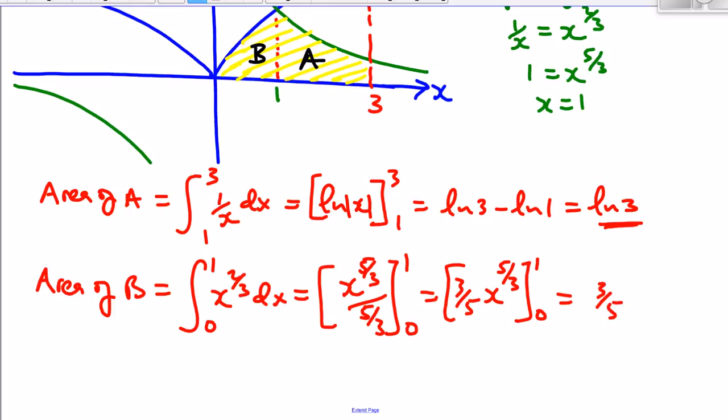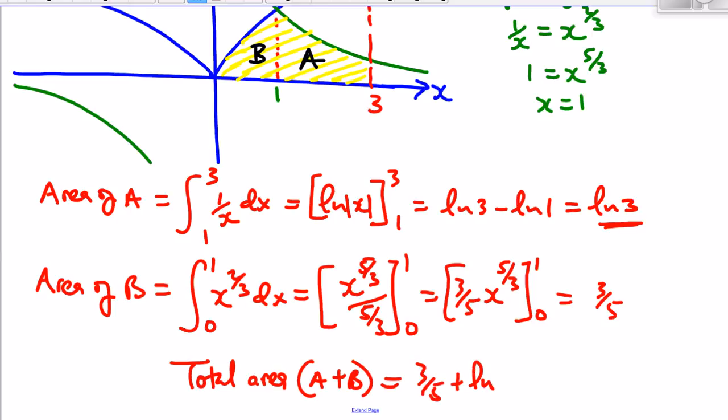Plug in 1, you get 3 over 5, plug in 0, you just get 0. So the total area will be 3 over 5 plus ln 3.